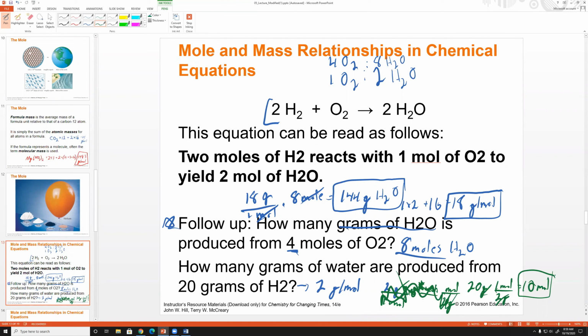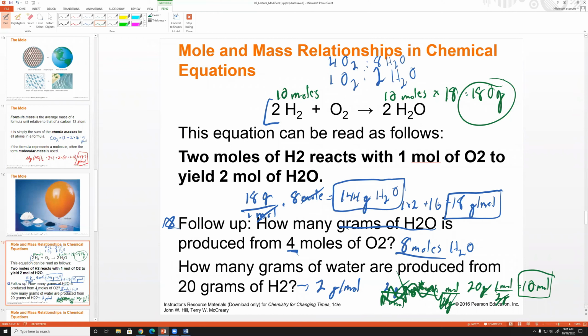And then what you can do is take that 10 moles and multiply it by the molar mass of H2O to figure out the mass in grams of water produced. So the mass of H2O is 18, like we saw before. So that's going to equal 180 grams. So does that make sense?